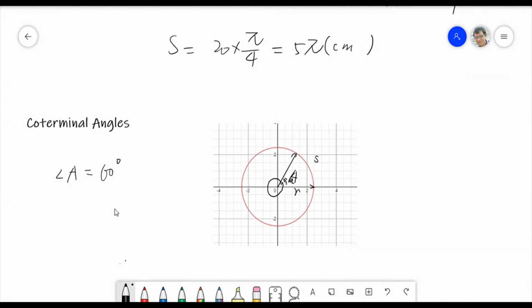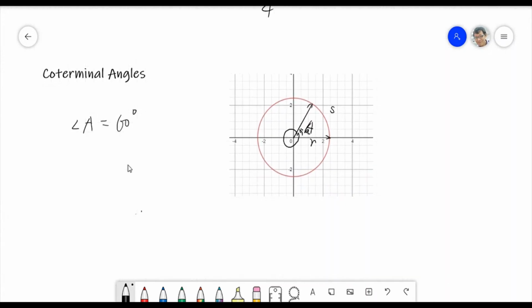One last concept we call coterminal angle. Why call it coterminal? First, think about what an angle is. An angle has two lines with the same center. They start at the horizontal, though you can start at other places, but right now we just think about starting from horizontal.